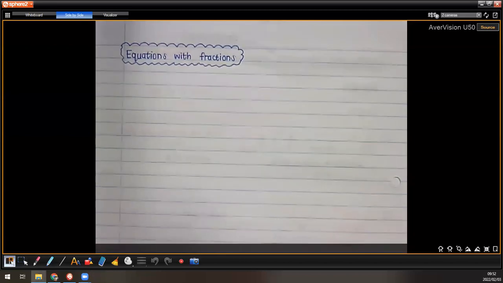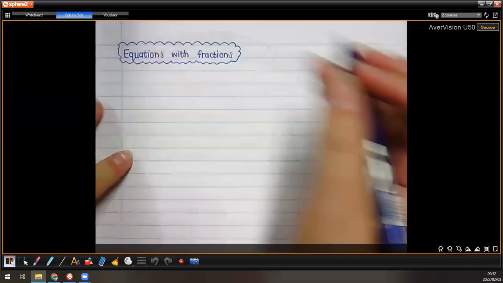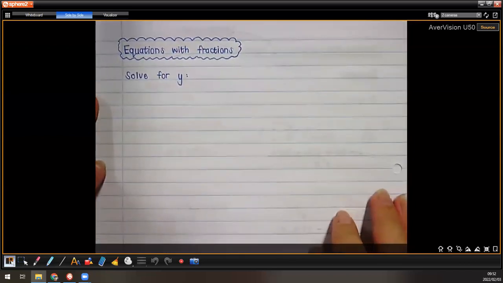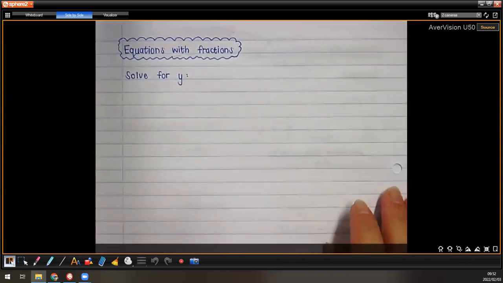Right, I am going to do this one with you guys. So the question says solve for y. Right, it can obviously be any variable, it depends on what is in the question.